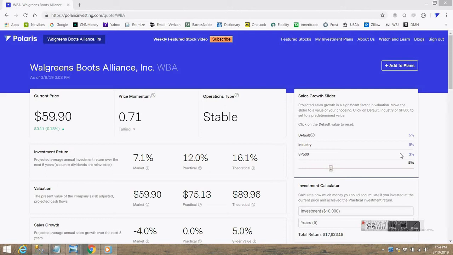So you really need to temper that enthusiasm they have for the stocks they're covering, and dampen down their forecast a little bit.